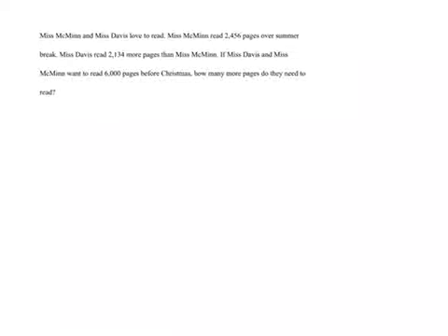Now in this problem, there are not any numbers that are unimportant. Miss McMinn and Miss Davis love to read. Miss McMinn read 2,456 pages over summer break. Miss Davis read 2,134 more pages than Miss McMinn. If Miss McMinn and Miss Davis want to read 6,000 pages before Christmas, how many more pages do they need to read?